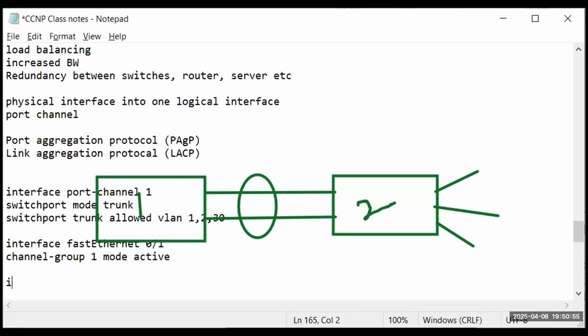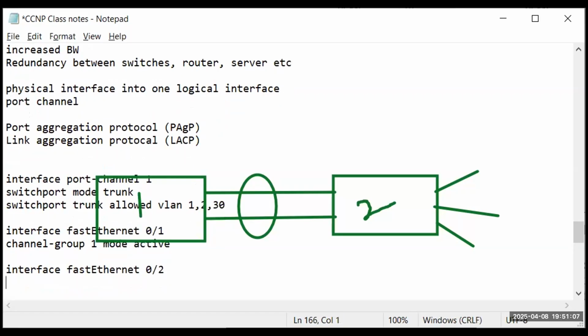Similarly, if you want to group the other interface, it also should come under the port channel. So interface FastEthernet 0/2, channel-group 1 mode active. This is LACP.